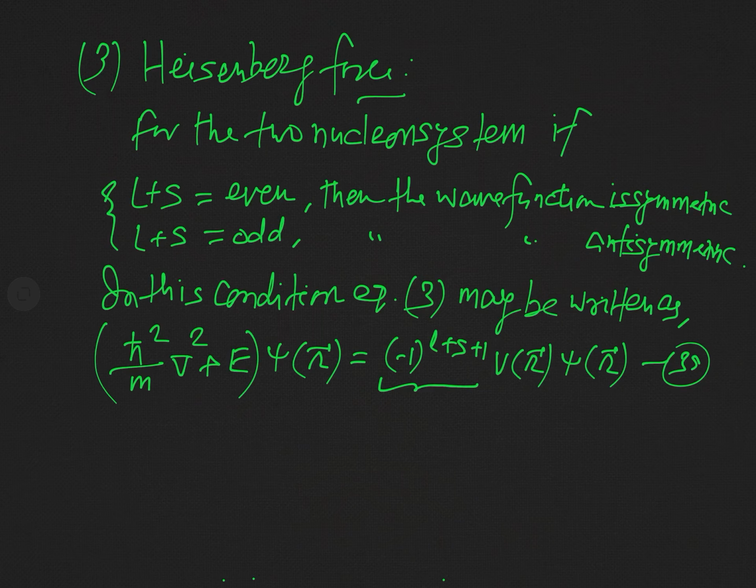You can see if L plus S is odd, then L plus S plus 1 will be even, because when you add the number 1 to an odd number, the resulting number will be even.